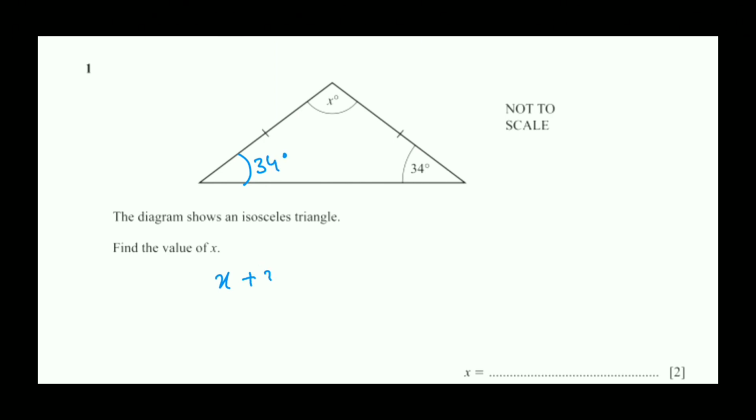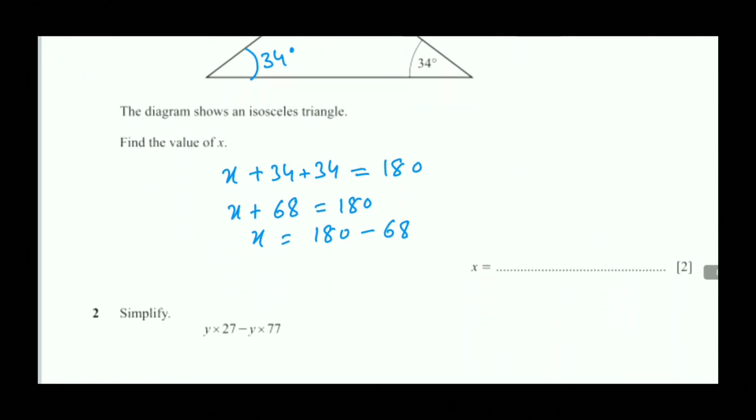So x plus 34 plus 34 is equal to 180 degrees. So x plus 68 is equal to 180. x is equal to 180 minus 68. So x is equal to 112.